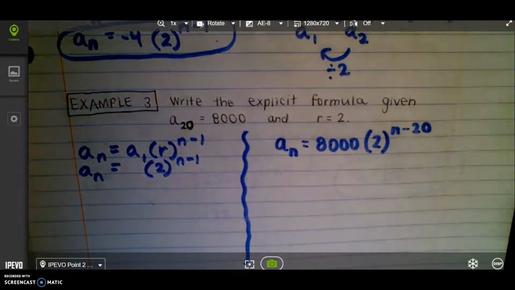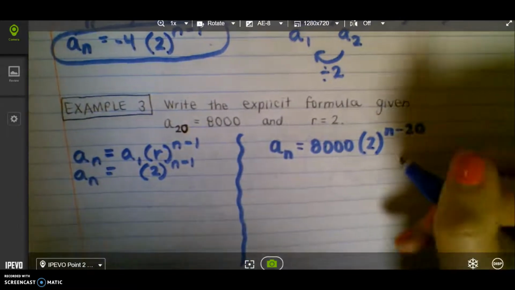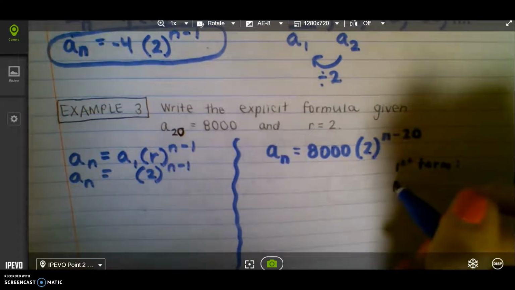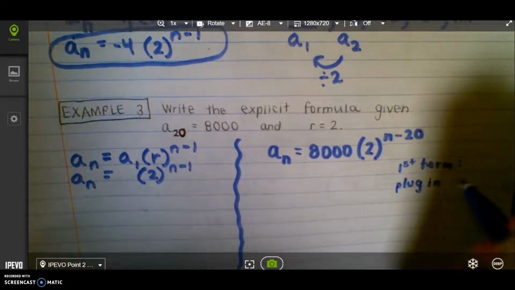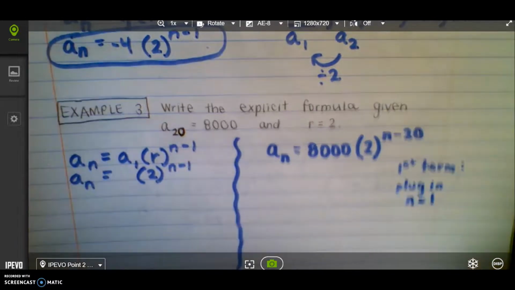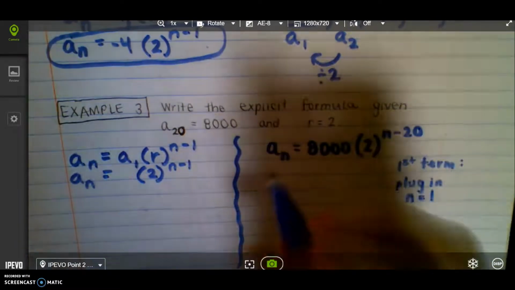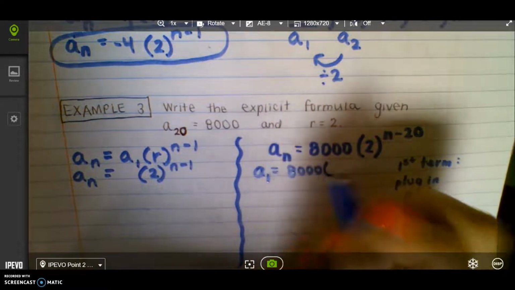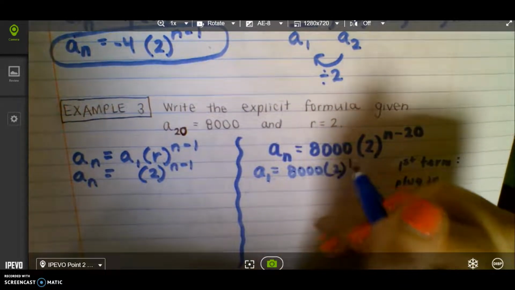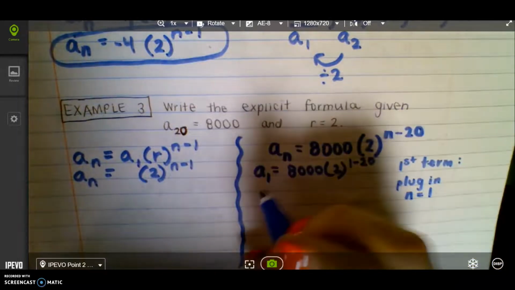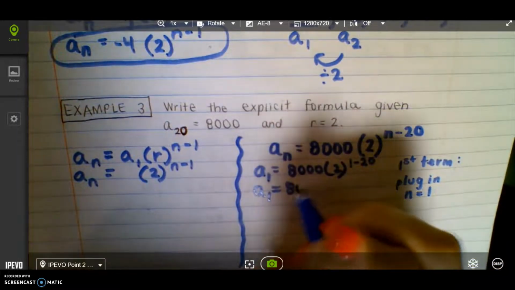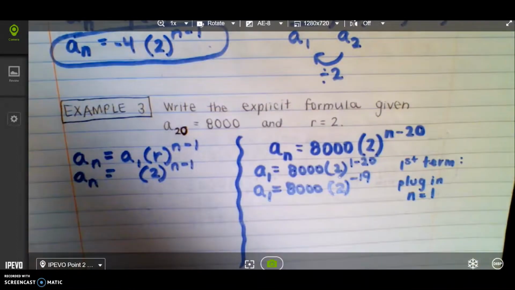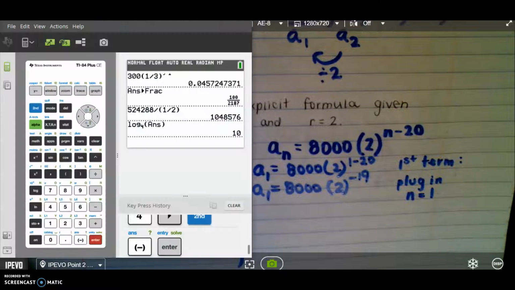And then to find the first term, I'll just plug in 1 for n. So the first term, a sub 1, equals 8,000 times 2 to the 1 minus 20. So that's a sub 1 equals 8,000 times 2 to the -19. That's how I found my first term.